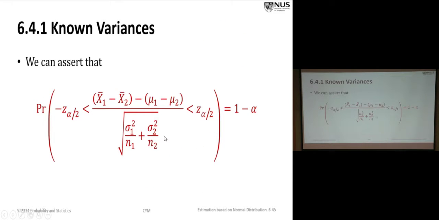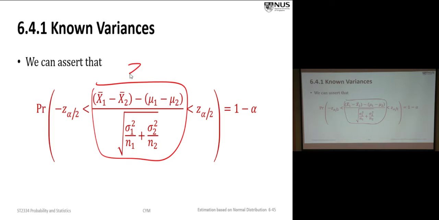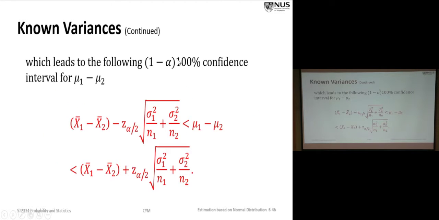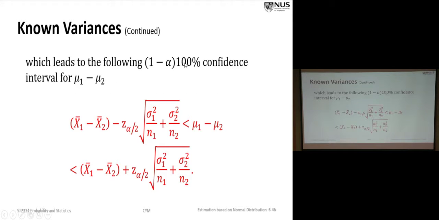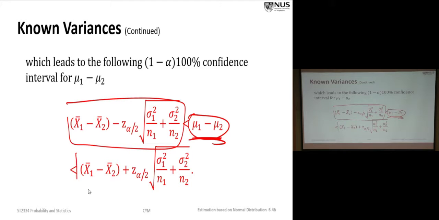All right? So we repeat what we just discussed. This is a standard normal. So rearrange it. So this is the formula. Rearrange it so that mu1 minus mu2 is in the center of these two inequalities. All right, so this is the lower limit, this is the upper limit.